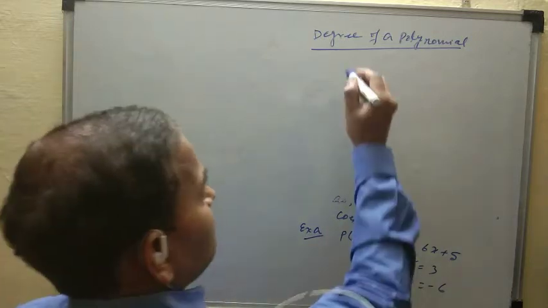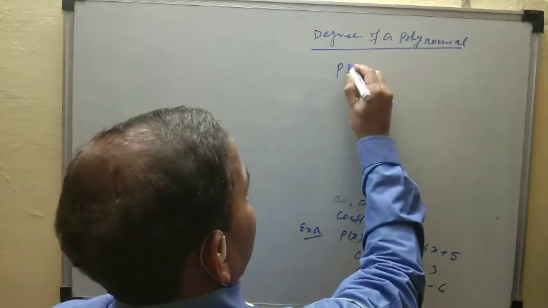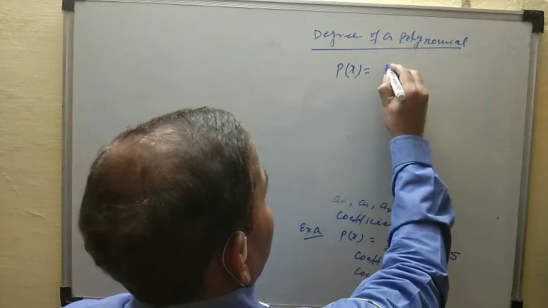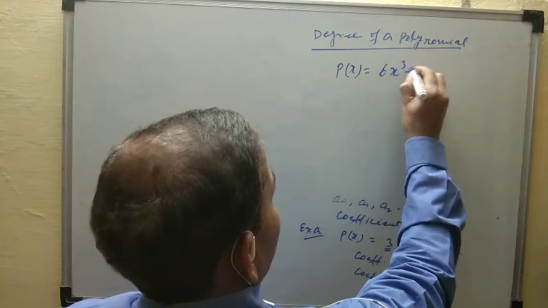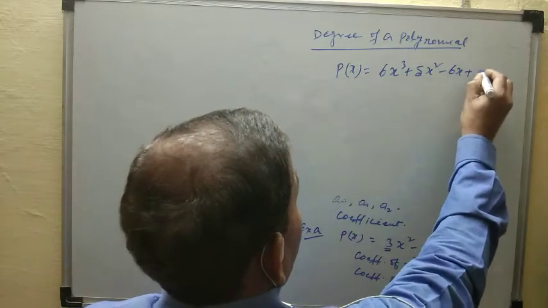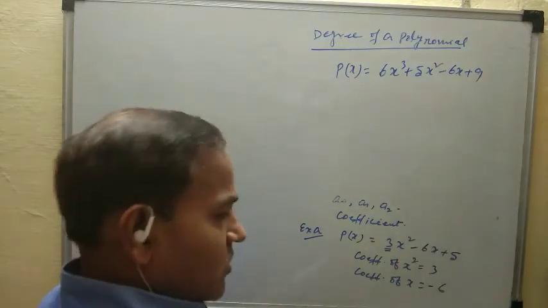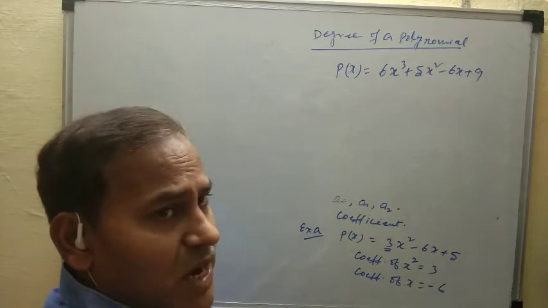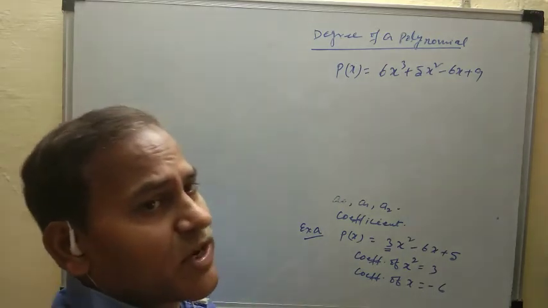For example, p of x is a polynomial. Suppose 6x cube plus 5x square minus 6x plus 9. What is the maximum power of x?